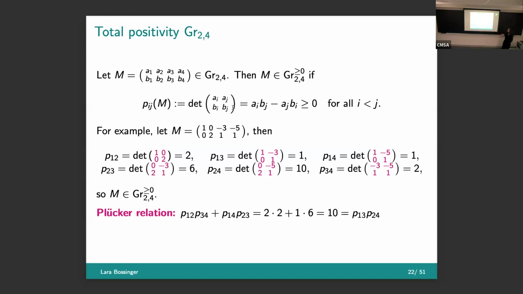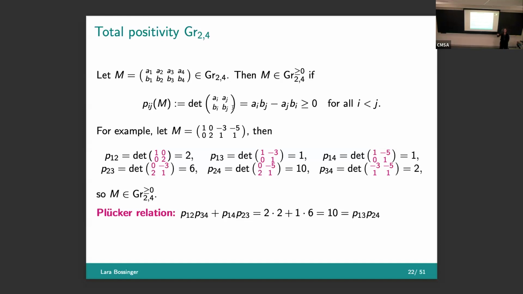The reason I give it is that this example serves to observe that, in contrast to the case of totally positive square matrices, we don't care about the signs of the entries. We can have negative entries in the matrix and it can still represent a point in the totally positive Grassmannian. Another thing to mention here: the points in the Grassmannian are vector spaces, and the Grassmannian is inside projective space.